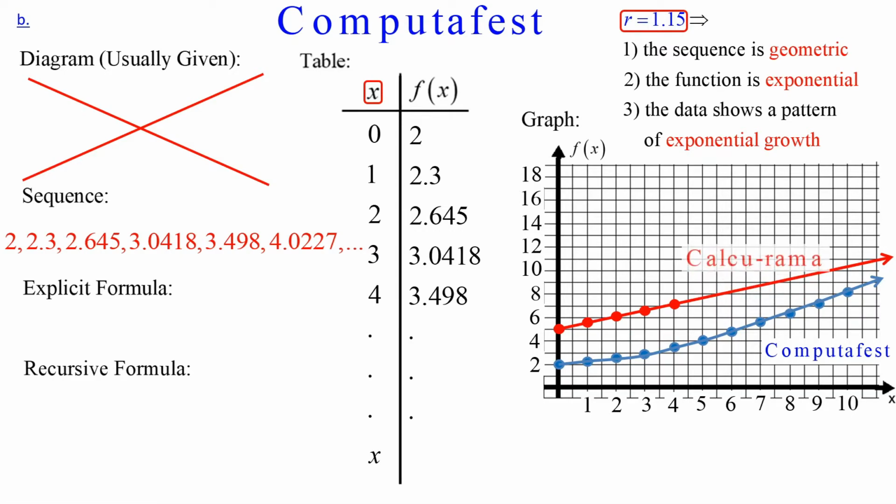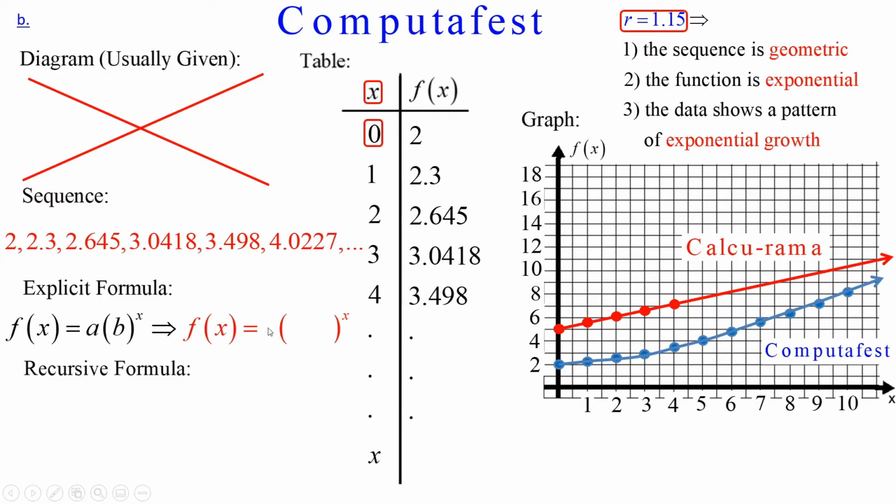Okay. Oh, how cool. All right, so let's finish our formulas here. So an explicit formula. Well, ComputerFest is exponential. We said that up there, and our first x is a 0. So we're going to go a times b to the x power equals.